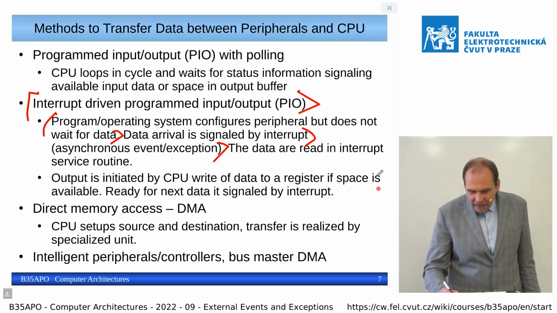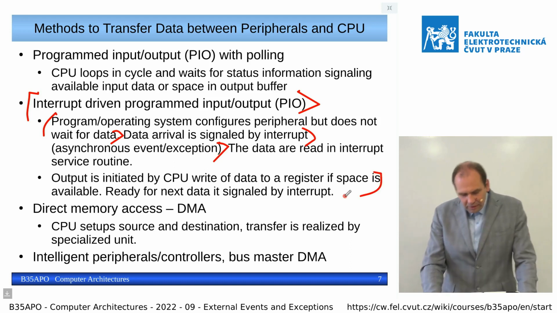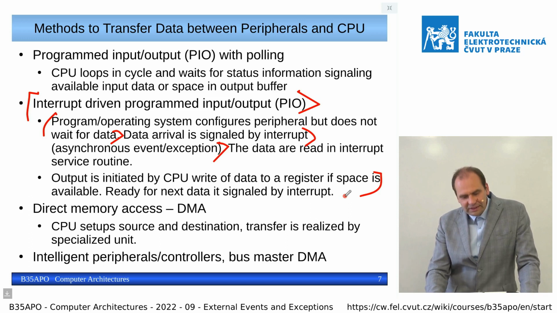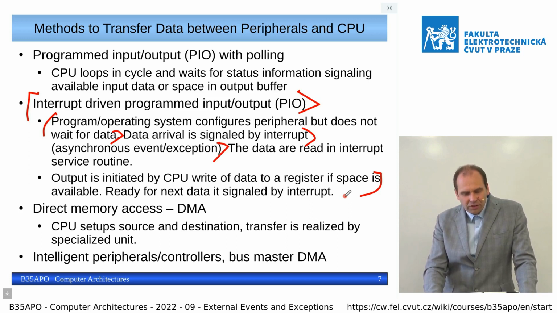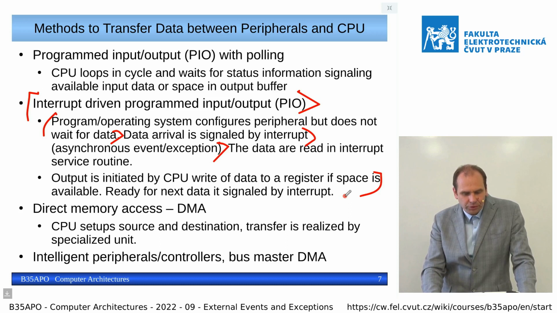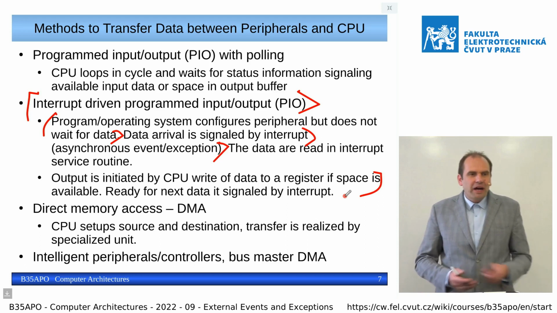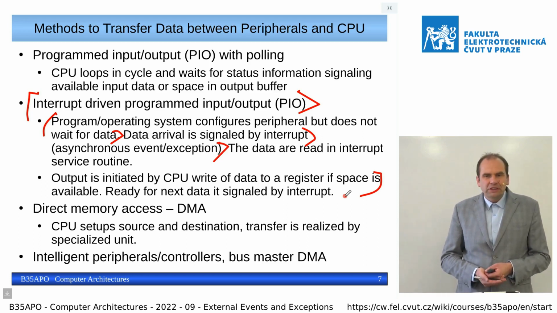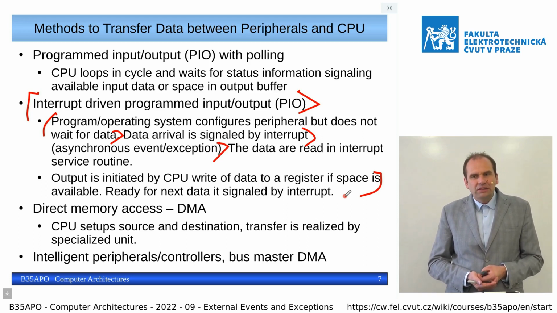Again, this mechanism was quite common and it is used, but for a large data throughput, for those channels which need to deliver megabytes or gigabytes of data per second, this is not a good idea because each byte which comes needs to be processed by the CPU and stored into the memory.